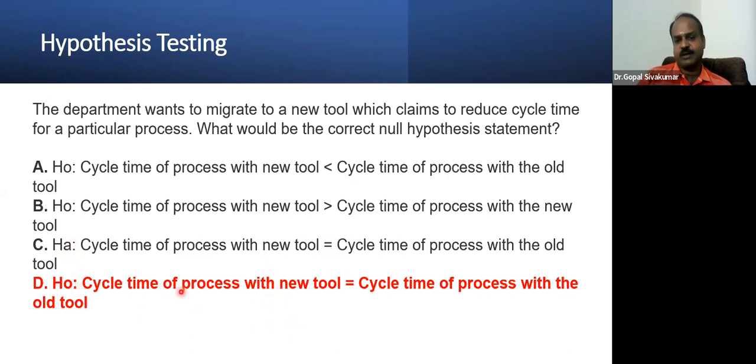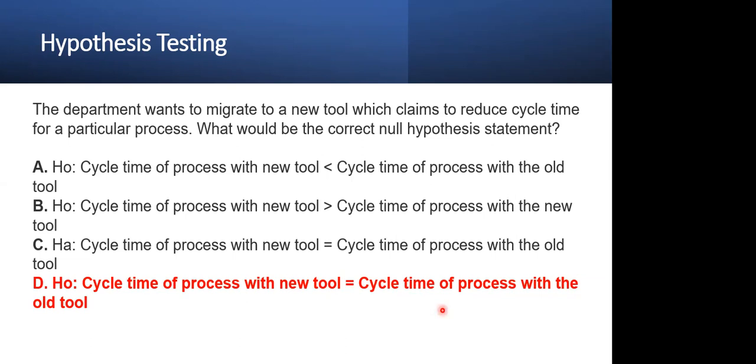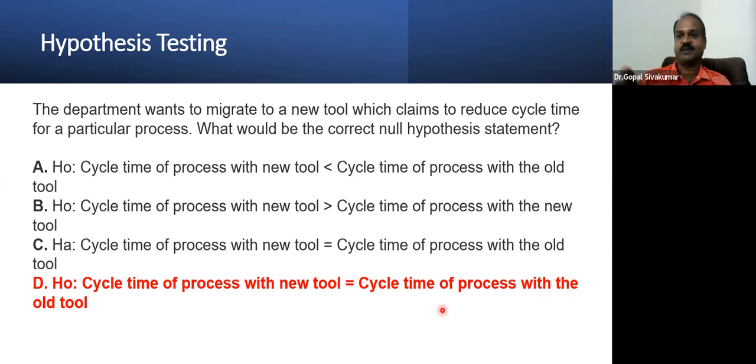Look at the way the statement is drafted. Cycle time of process with the new tool is equal to cycle time of process with the old tool. But what is the objective of the researcher? To prove that the new tool reduces the cycle time. Am I right? Yes, sir. That is your research hypothesis, your alternate hypothesis.